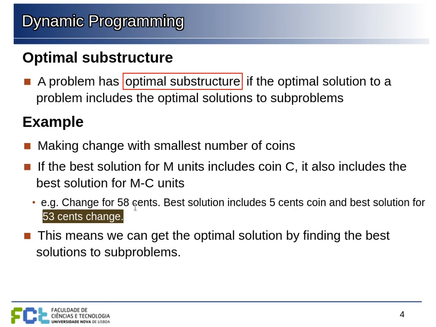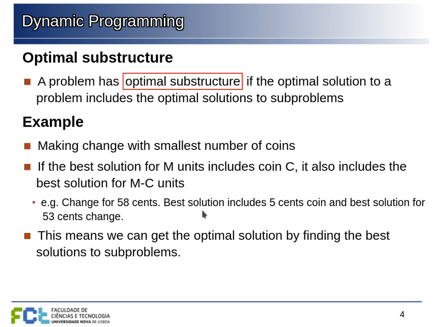In general, if we are going to use coin C, then we need to optimize the solution for the change of M minus C, where M is the number of units we started from. So since this is the case for making change, this problem has an optimal substructure.